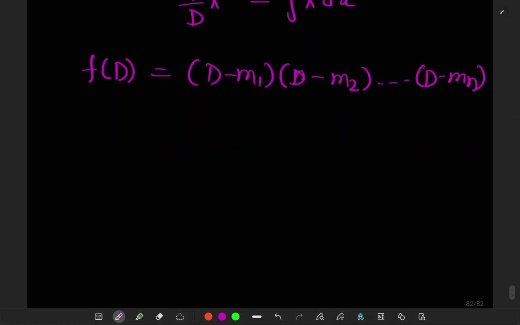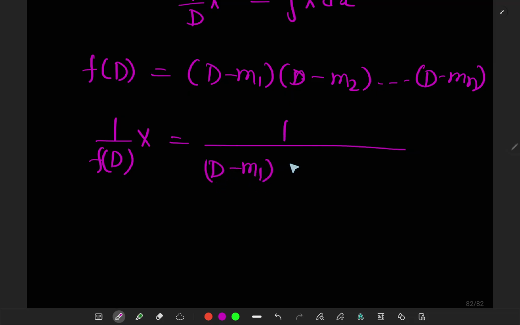So we can write f(D) like that. So we can write 1 by f(D) x equal to 1 by (D minus m1)(D minus m2) up to (D minus mn).